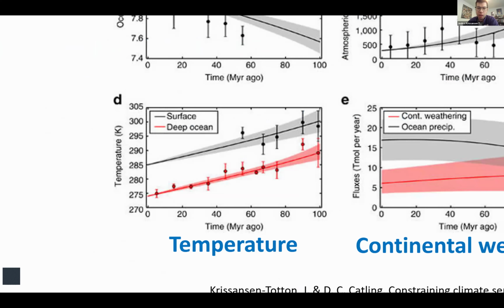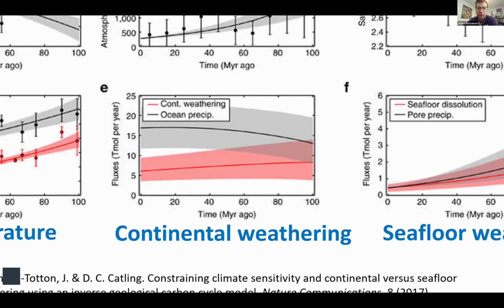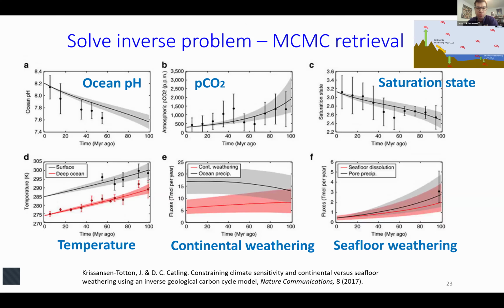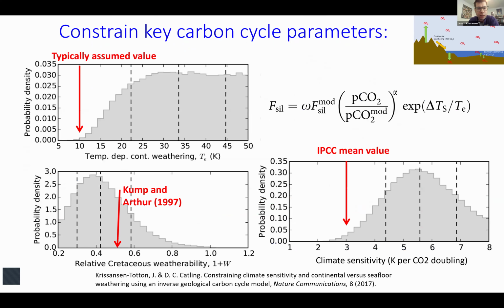And so when you fit to these various proxies, you get out some constraints on how the carbon cycle seems to work. I'll just briefly mention them all, though I'm only going to really talk about one in detail.